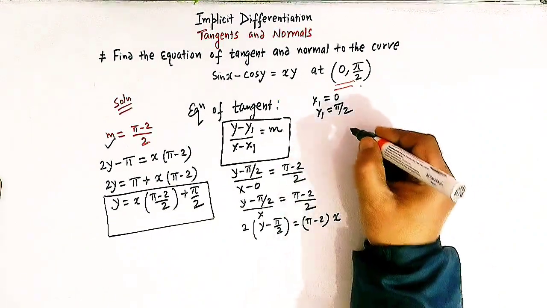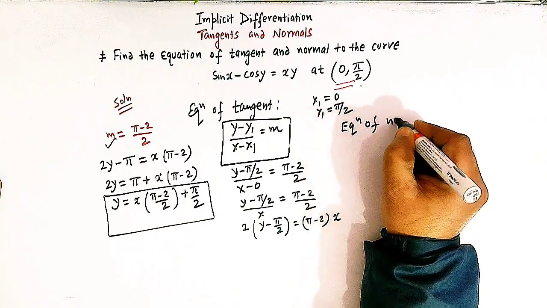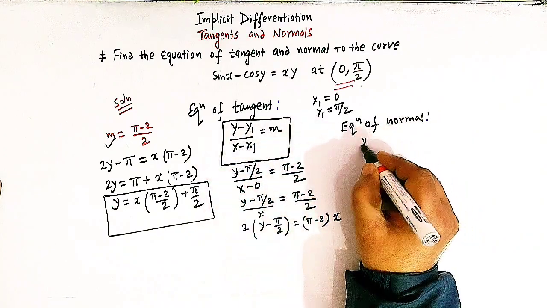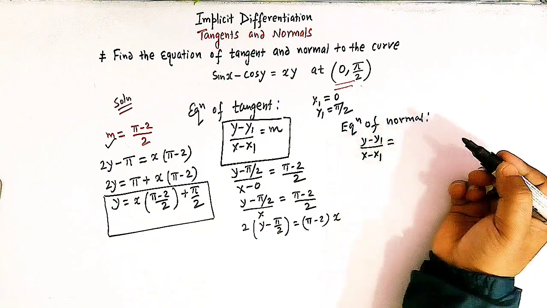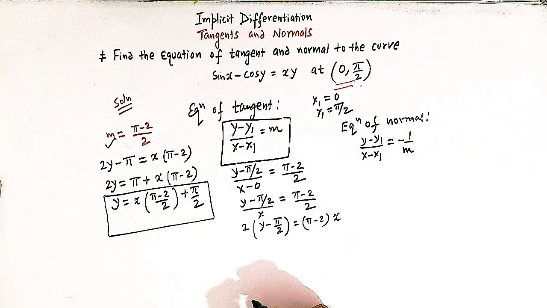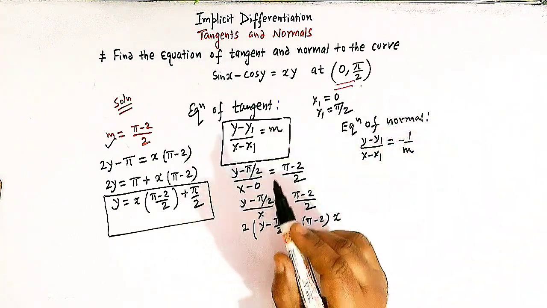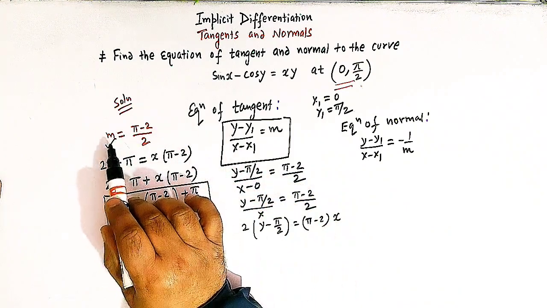Now let us find out the equation of normal. So the equation of normal is given by y minus y1 over x minus x1 is equal to minus 1 over m, right? Because the slope of the normal is equal to the negative of the reciprocal of the slope of the tangent, right?